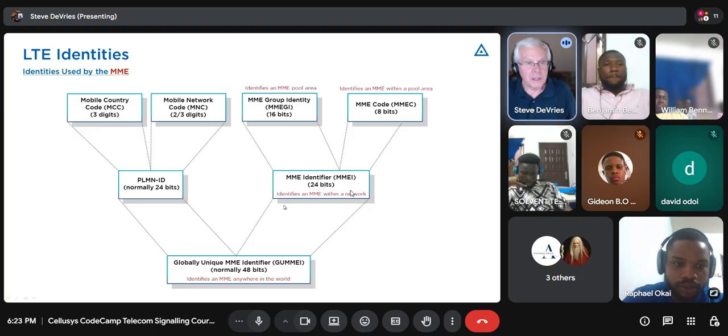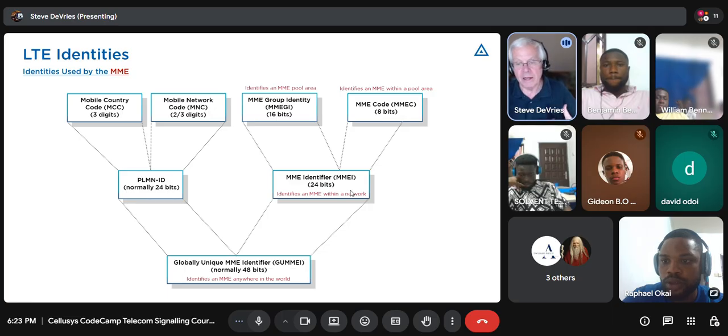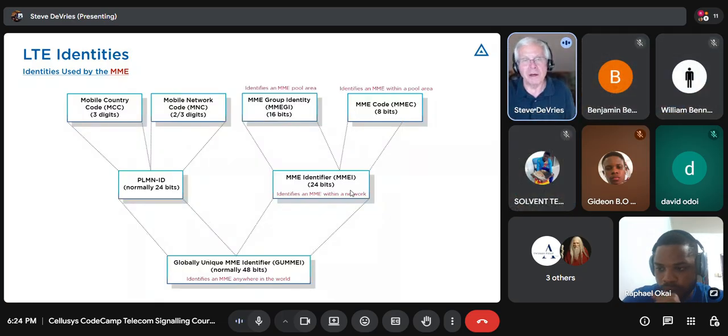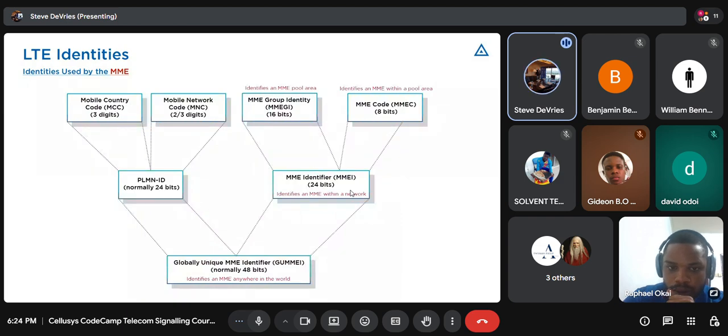Okay, I don't want to get too much into this. This is just a lot of acronyms, and I wanted to include it only because there are some different identities. Remember a couple months ago now, we talked about different identities that the mobile networks have. Well, there were some different identities for the mobility management entity, and it comes down to this GUMMEI.